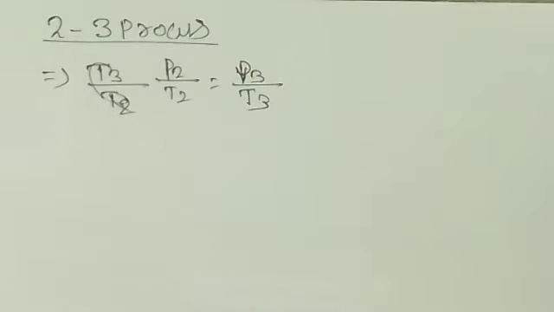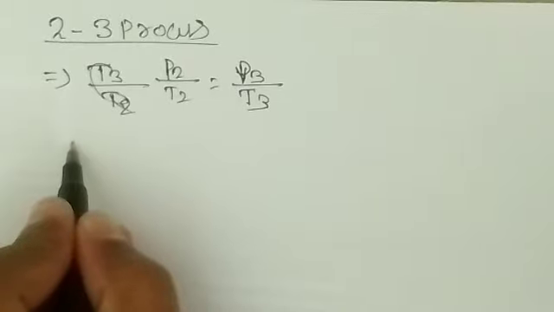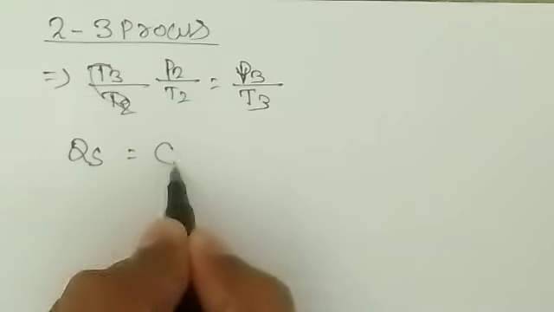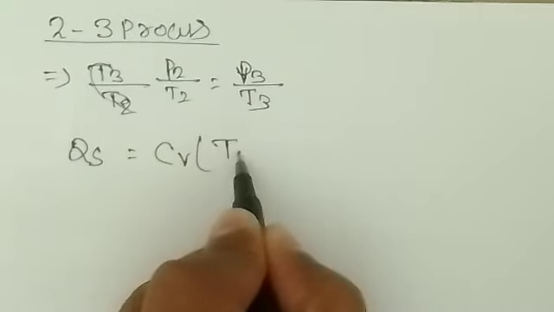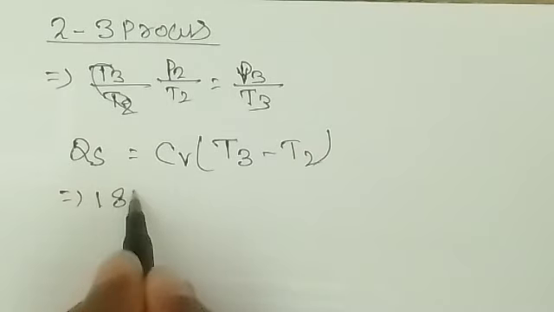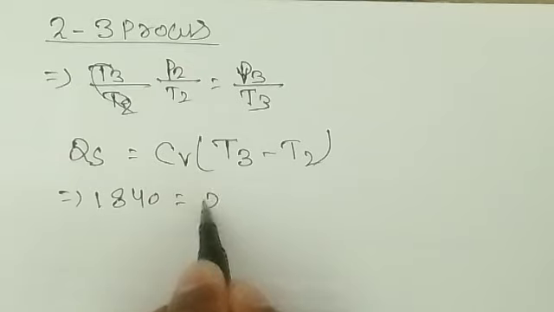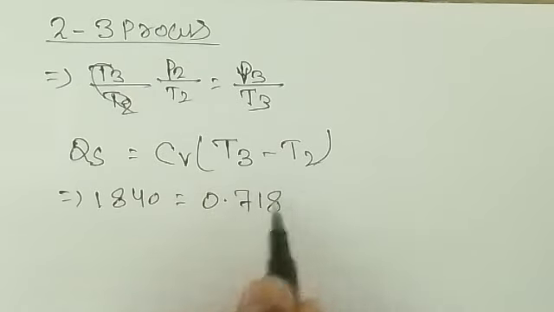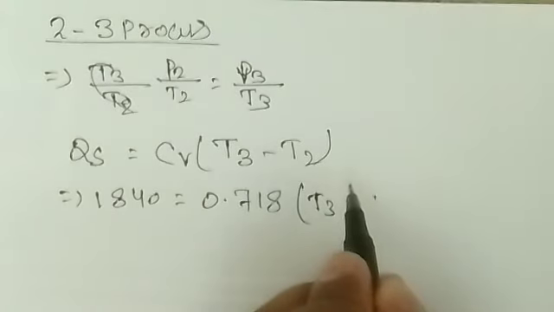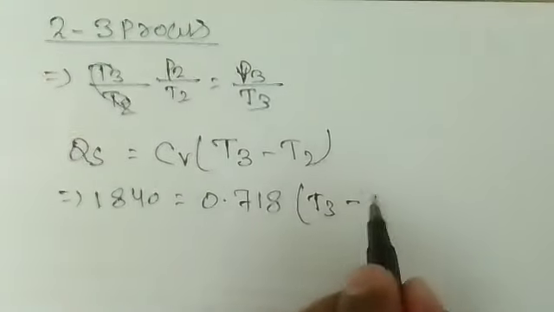But you know the heat addition value is given. Heat supplied is equal to Cv into (T3 minus T2), right? So here heat addition is given 1840. Cv value you can take 0.718 for air, and T3 minus T2. T2 you have calculated, which is 680.2.